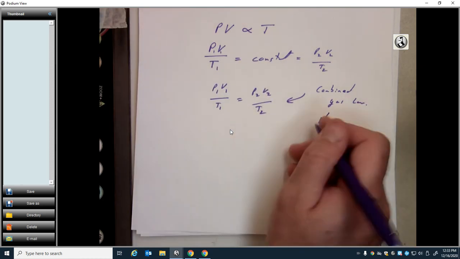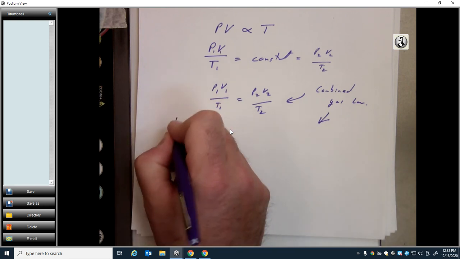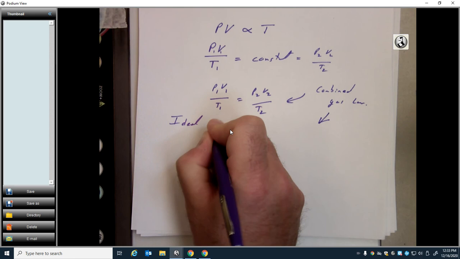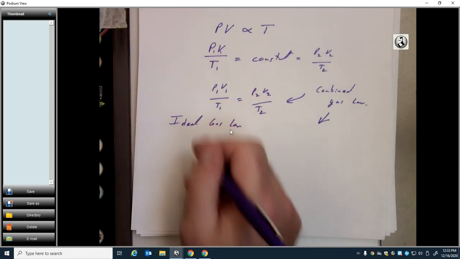From the combined gas law, we can actually get what's called our ideal gas law. And that's going to put it all together.